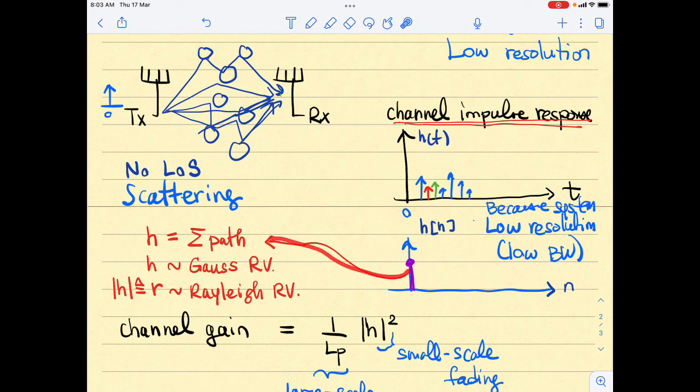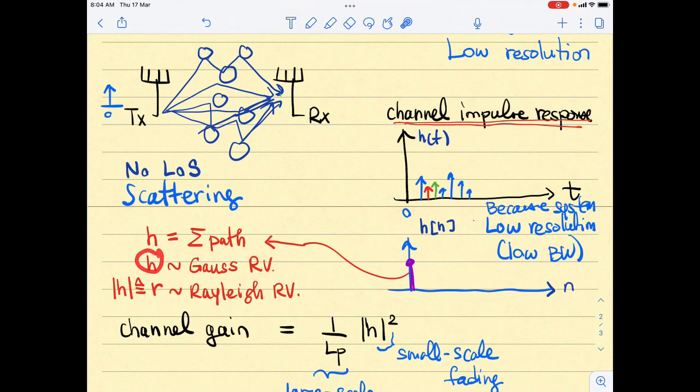And the channel gain of this one single path is composed of all the gains of different paths, right? So it's the sum of different paths. And if we have many paths, the sum of different random variables, we can model it as a Gaussian random variable.